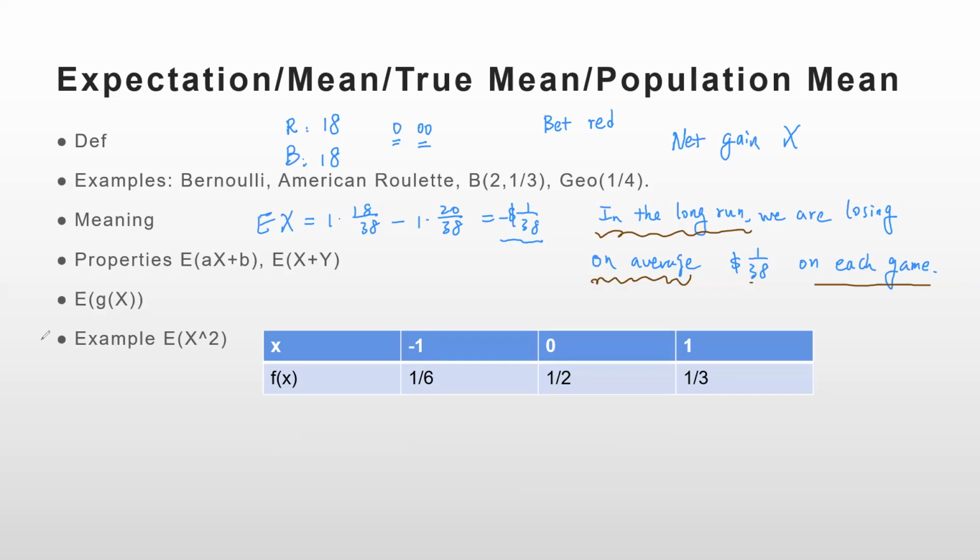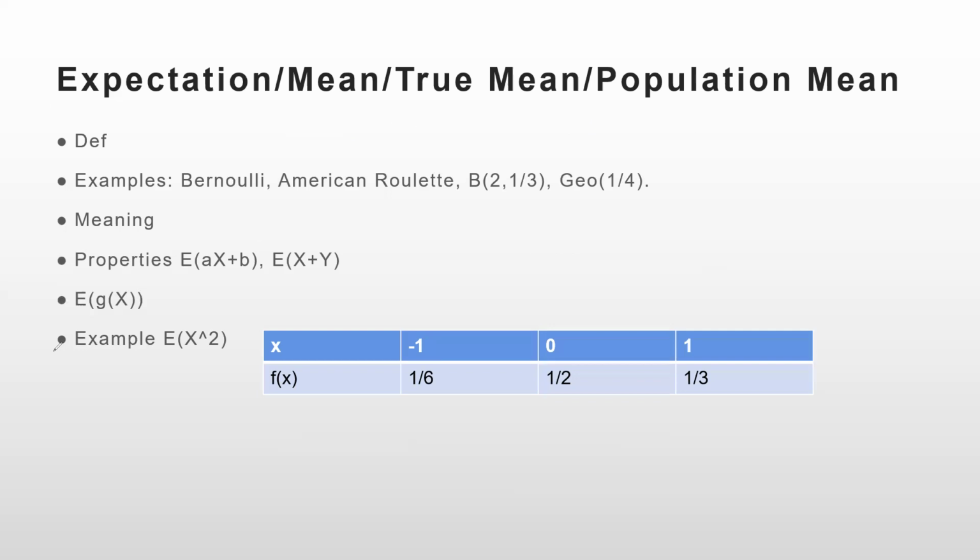All right, so that's for American roulette. Let's talk about the other two examples because they have a slightly different flavor. Let's talk about B(2, 1/3). Actually, we didn't talk about it yet.